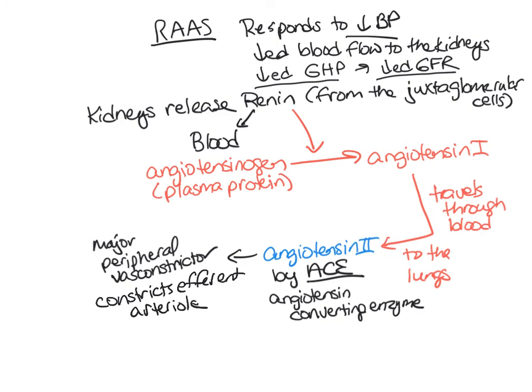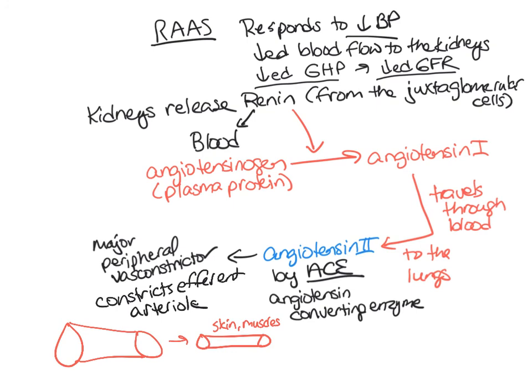So if we take a look at this, here are your blood vessels in your peripheral system, and then they become vasoconstricted, so they become much smaller. This means that these blood vessels, which are going to areas like your skin and your muscles, are not going to receive as much blood because they are constricting.